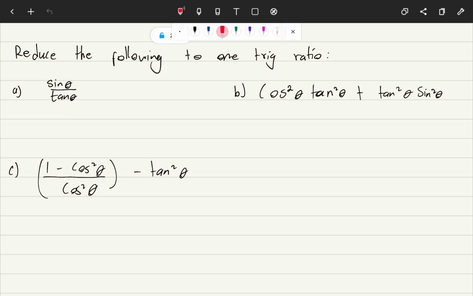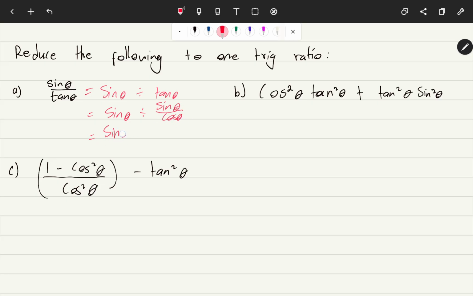The first question says reduce the following to one trigonometric ratio. Let's do that. Right here I have sine theta divided by tan theta, which is sine theta divided by, I know what tan theta is, sine theta over cos theta.